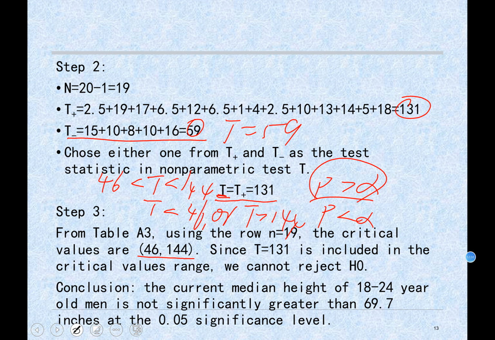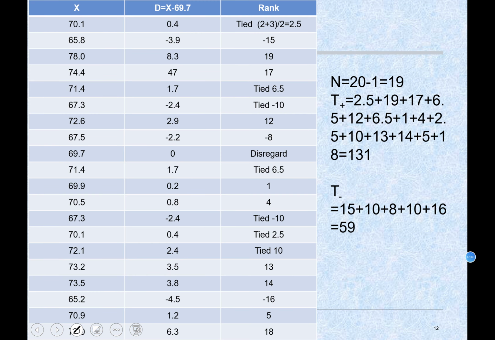I think the most important thing is how to get the test statistic, how to calculate the difference and transform the difference into its corresponding rank. So there are some important points you need to remember. The first one, if a difference equals 0, we need to omit it, and the corresponding n should be reduced by 1.